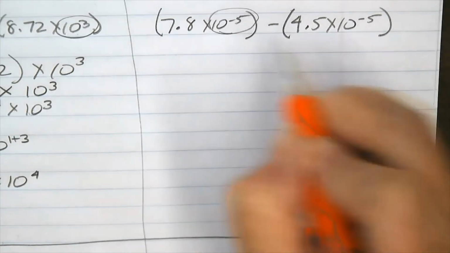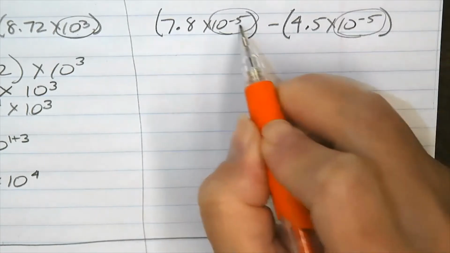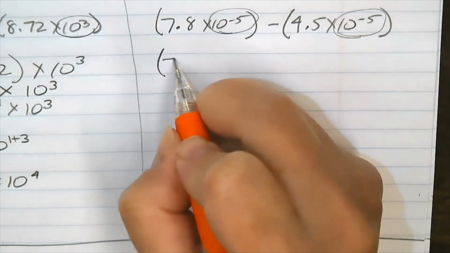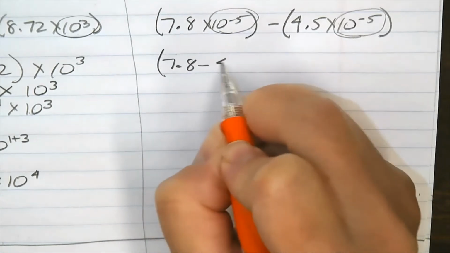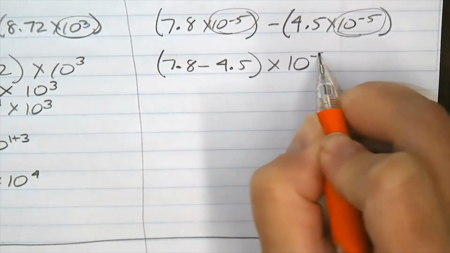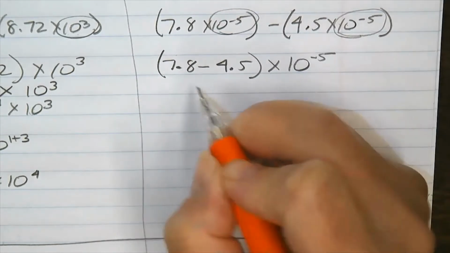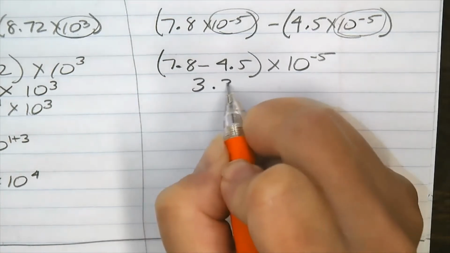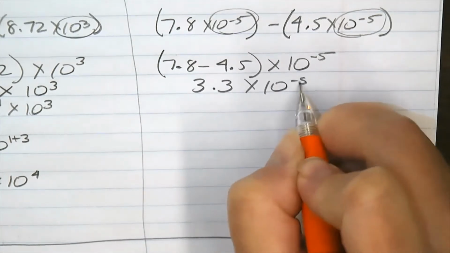Let's look at our power of 10. Our power of 10 is the same. So this makes our life a lot easier. We have 7.8 minus 4.5 times 10 to the negative 5. Use a calculator for this. 7.8 minus 4.5 is 3.3 times 10 to the negative 5.